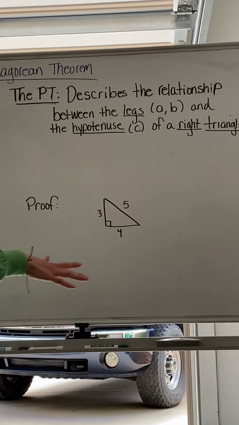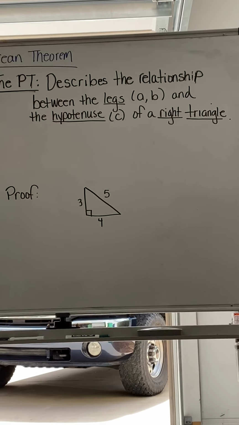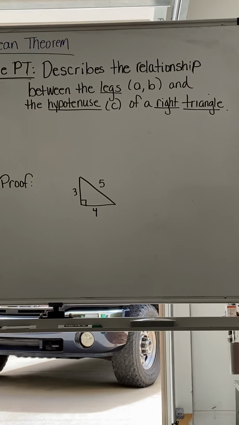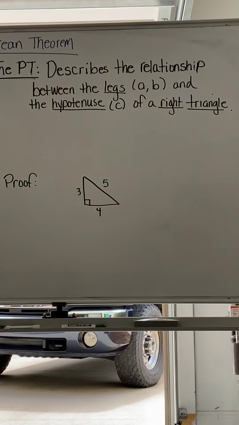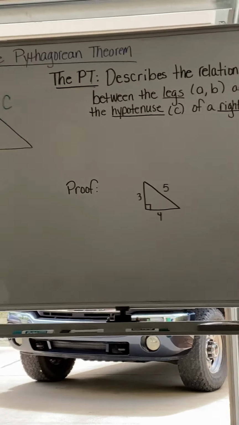First of all, you have to have a right triangle in order to use the Pythagorean theorem. It does not work on an acute triangle, an obtuse triangle, a scalene triangle. It has to be a right triangle, which means your triangle has to have a 90-degree angle in it.